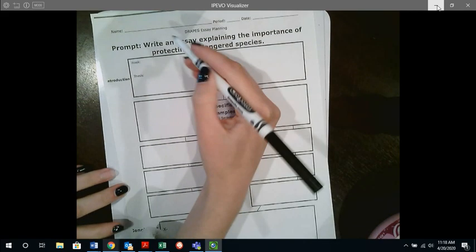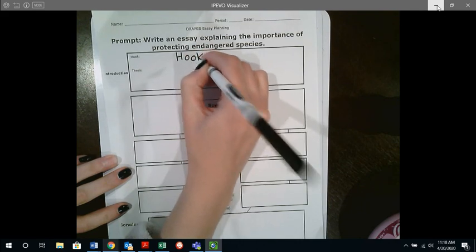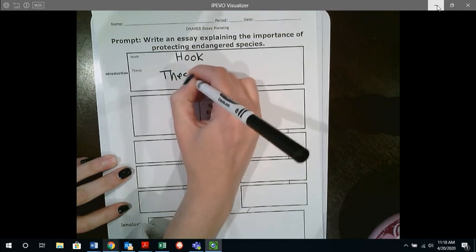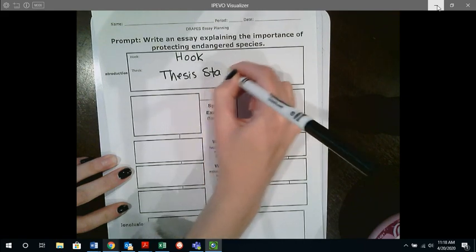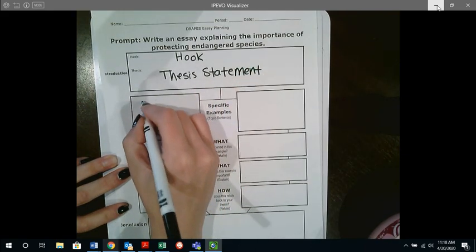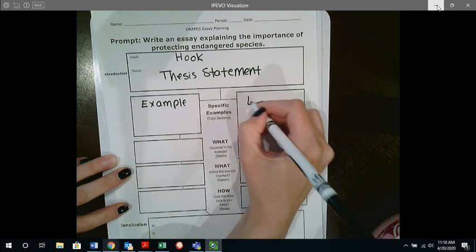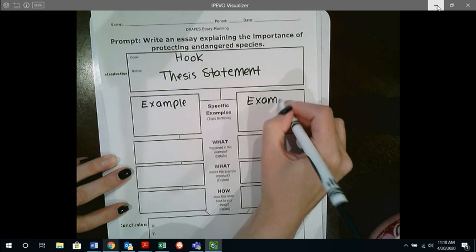We know that in the first box up here, we have our hook and then our thesis statement. And then we would have our example that we are going to use to prove our thesis statement.